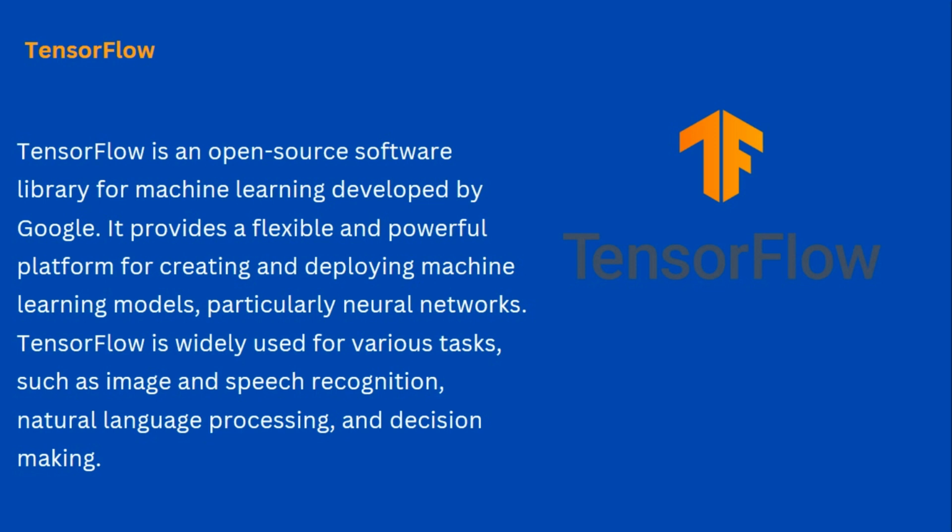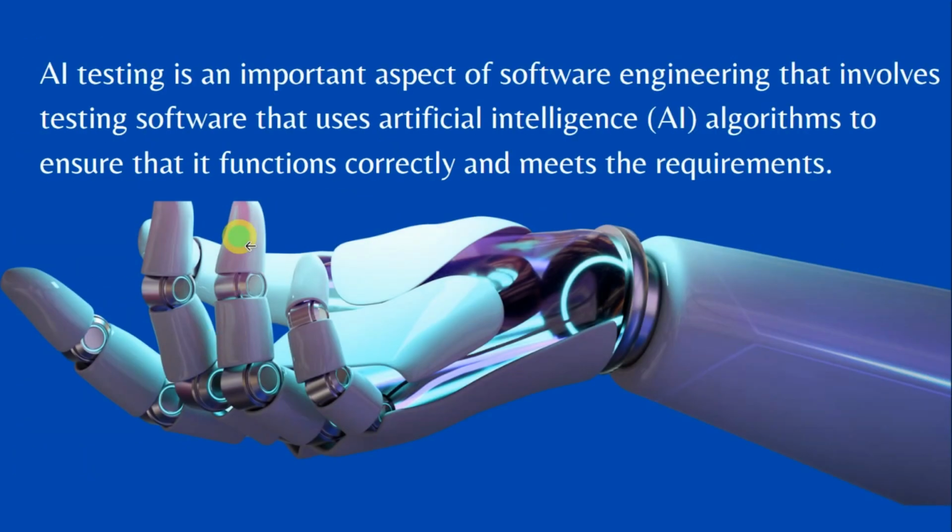It will do the recognition of the image, and when you speak, whether this is male speech or female speech, that type of recognition will be done under the TensorFlow. So this is the library that can be used as a testing tool for the AI testing. So finally, the AI testing is an important aspect of the software engineering that involves testing software that uses artificial intelligence algorithms so that we can ensure that it functions correctly and meets the requirement.